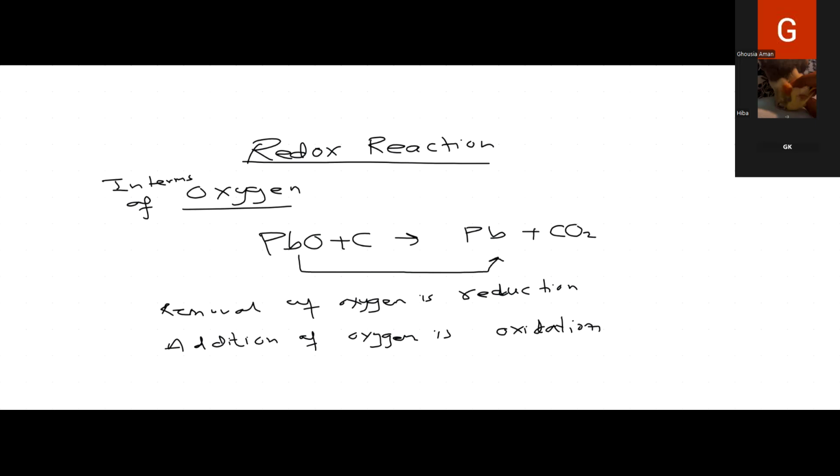And before the reaction, it is carbon, and after the reaction, it is carbon dioxide. Oxygen is added to carbon, so that will be oxidation. So you can see reduction and oxidation are both taking place in one chemical reaction. That's why we call it a redox reaction.